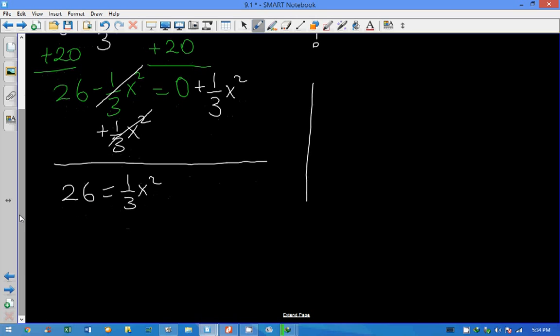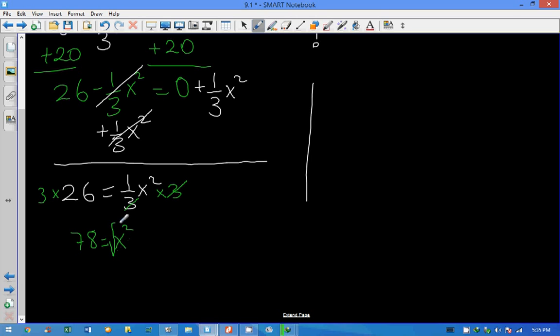So how do you isolate x? We have to multiply by 3 because it's divided by 3. Multiply by 3 on both sides. 3 and 3 cancel each other out. 26 times 3, which is 78, equals x squared.